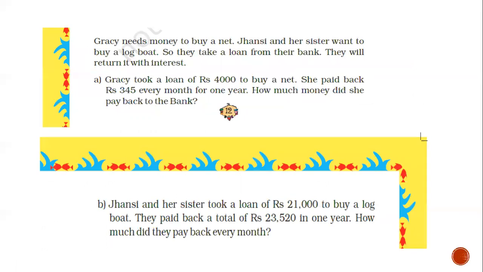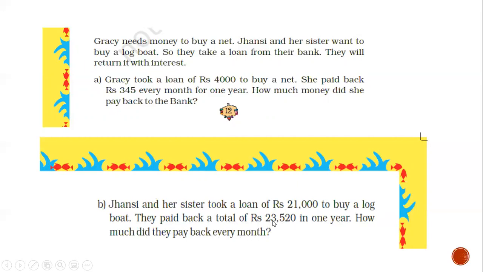Going to the second part, Jhansi and her sister took a loan of rupees 21,000 to buy a logboat. So they have taken a loan of 21,000. They paid back a total of rupees 23,520 in 1 year. How much money did they pay back every month?